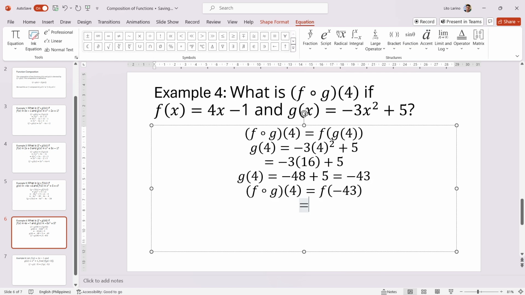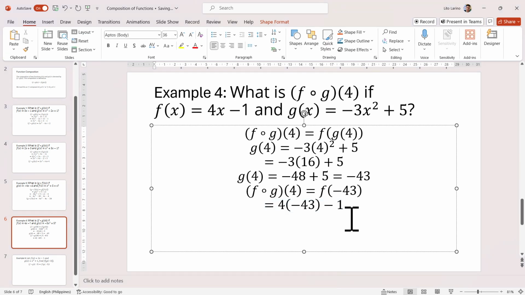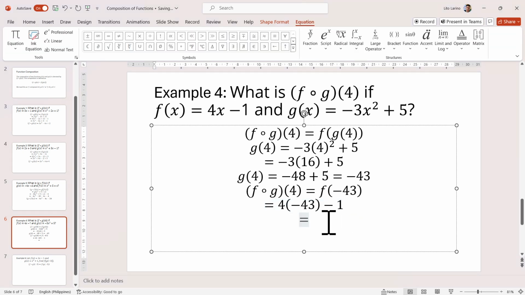This is equal to, let's go back to our f of x expression, that is 4 multiplied by our x, which is the g of 4, which is negative 43, minus 1. And we have negative 43 times 4 is negative 172.